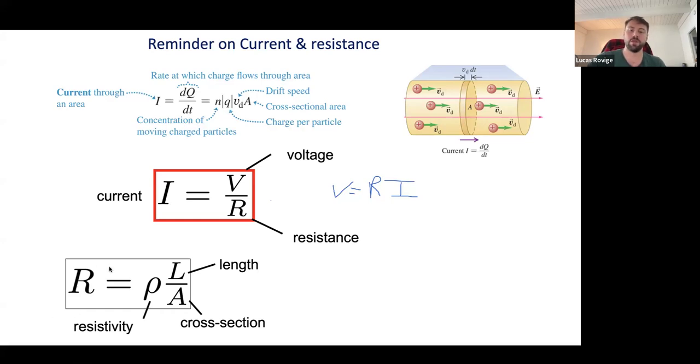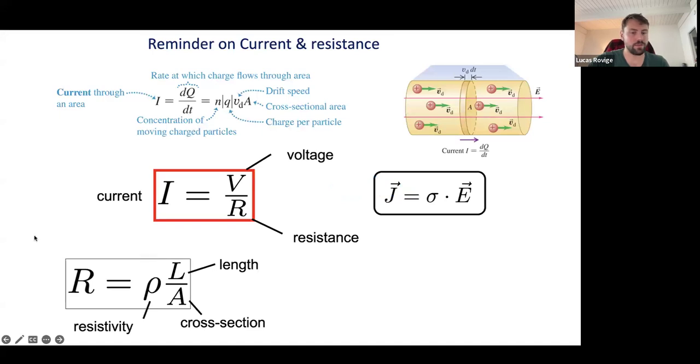It doesn't depend on the voltage: if we apply a larger voltage, we just increase the current, but the resistance stays the same as its value given by this formula. Here the resistivity is given as rho, but sometimes you might find it as eta, the Greek letter. So don't be surprised if you encounter the Greek letter eta instead of rho for the resistivity.